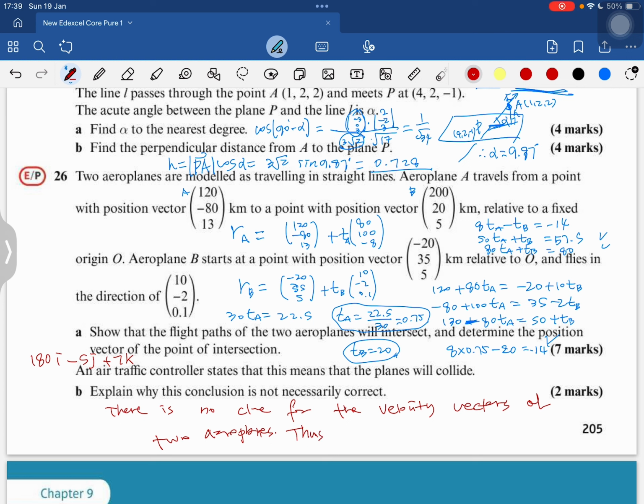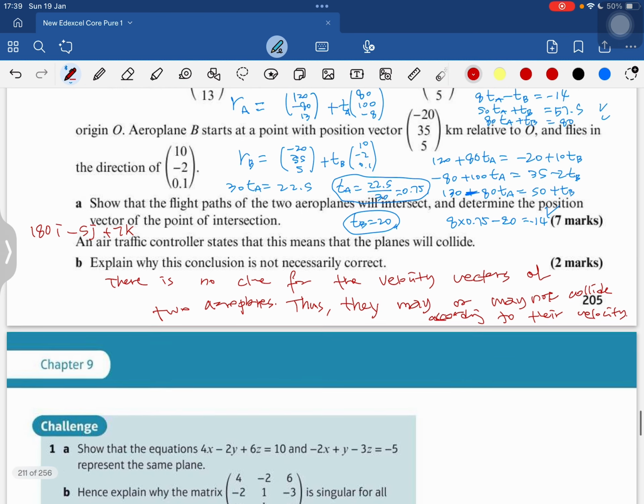Thus, they may or may not collide according to their velocity. So it is not necessarily correct.